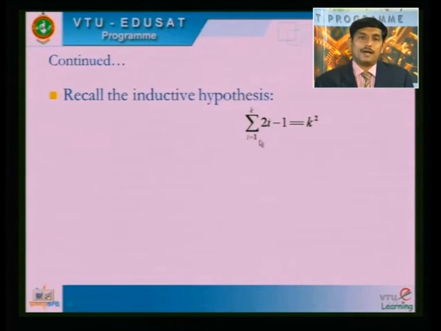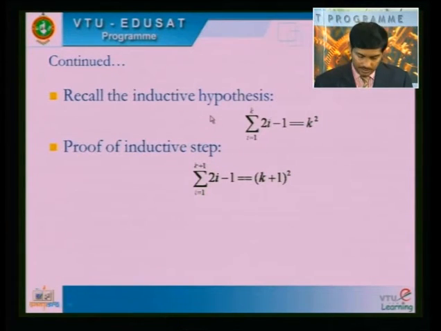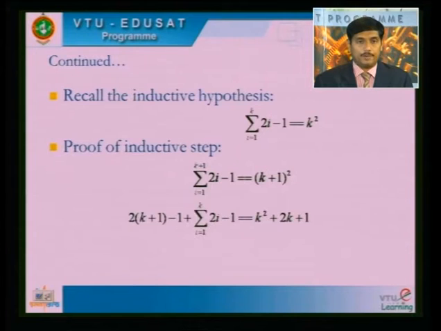Recall the induction hypothesis. We assume that the sum of i running from 1 to k of 2i minus 1 is equal to k square. The proof of the inductive step is that the sum of i running from 1 to k plus 1 of 2i minus 1 equals k plus 1 the whole square.